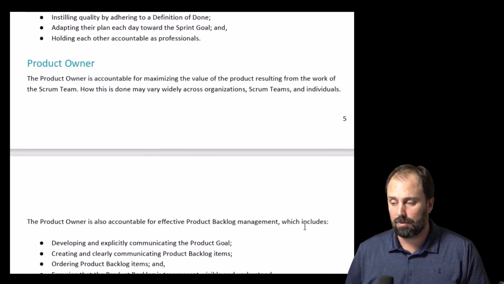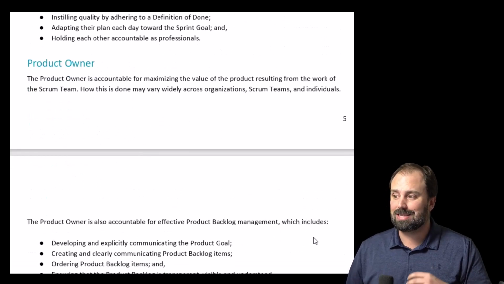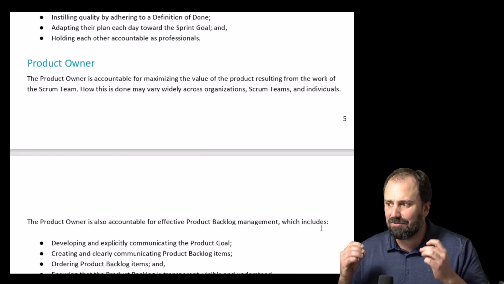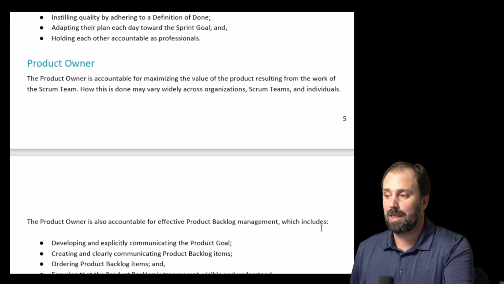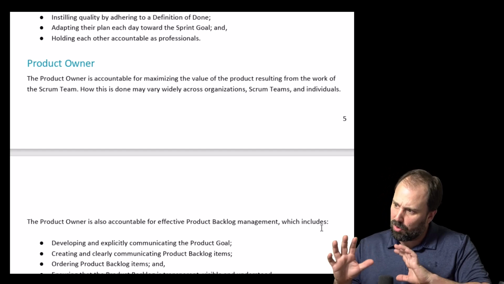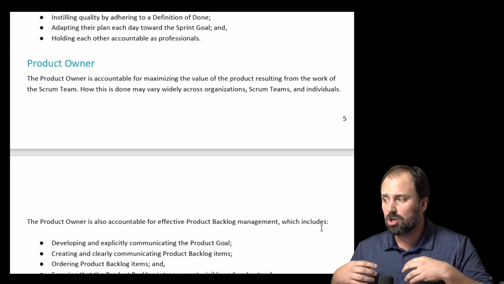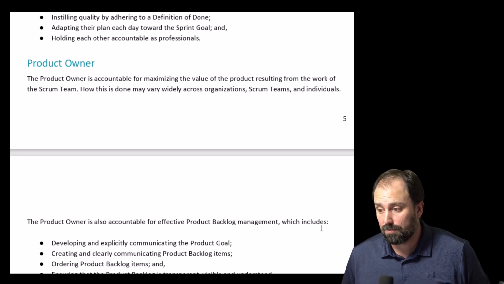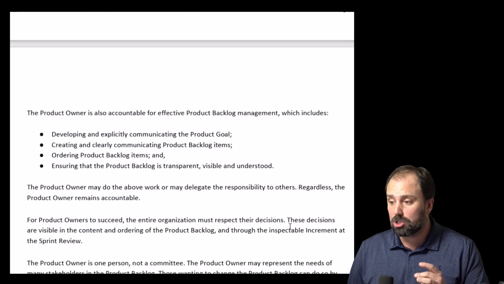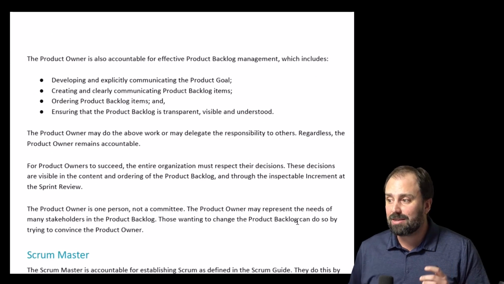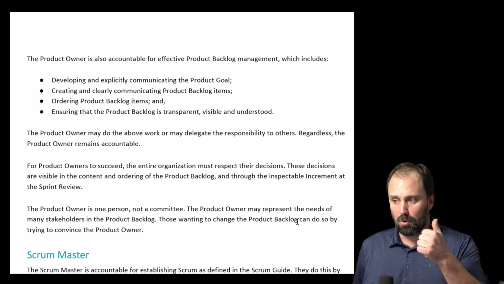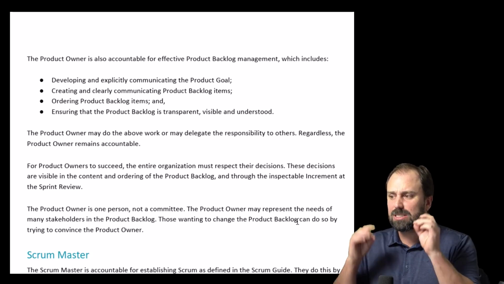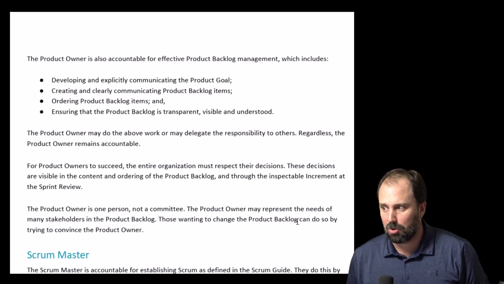The product owner. The product owner is accountable for maximizing the value of the product resulting from the work of the Scrum team. How this is done may vary widely across organizations, Scrum teams, and individuals. The product owner is also accountable for effective product backlog management, which includes, number 1, developing and explicitly communicating the product goal.